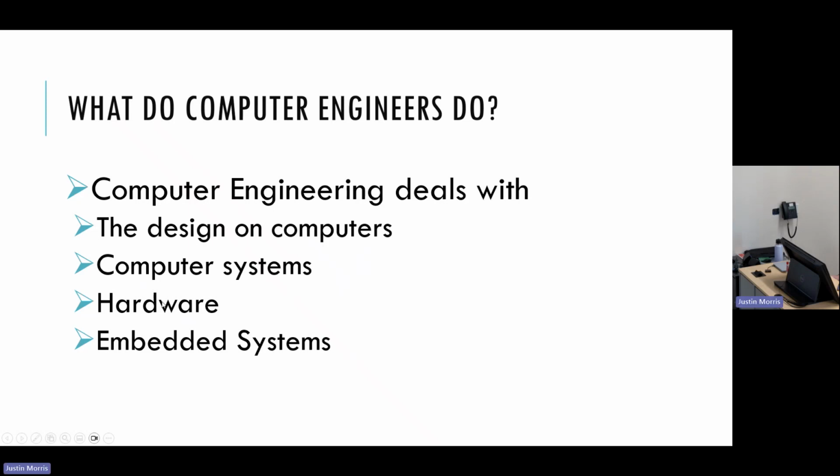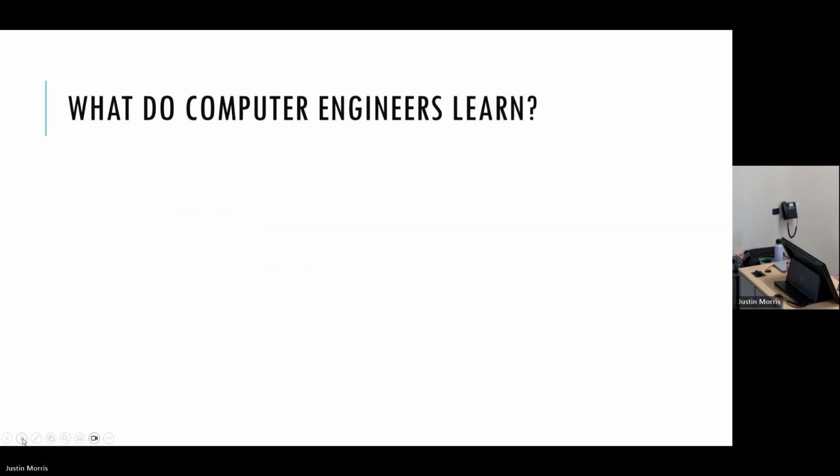Okay, so there's a broad range of things that computer engineers can do, but in terms of the skills you need to learn, it's going to be that intersection of computer science and electrical engineering.